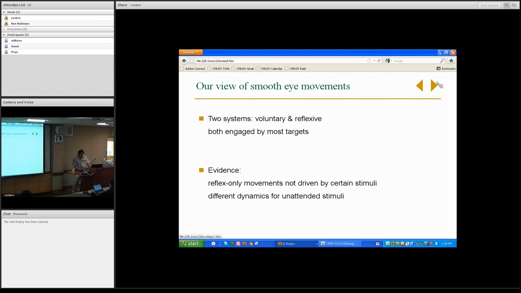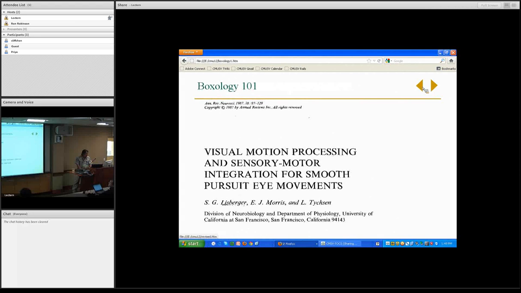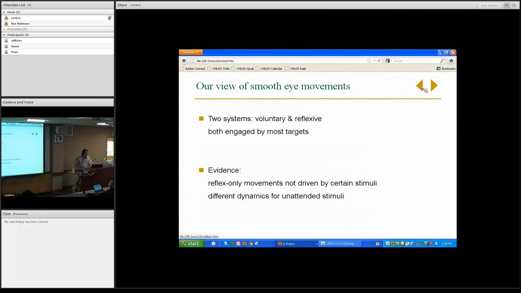So our view, which has been developed over some time, is that there's 2 systems, voluntary and reflexive, but that both of these can be engaged by the 2 types of targets. So if we have a small punctate target, yes, you follow that voluntarily, but the reflexive mechanisms are still driven as well by that.